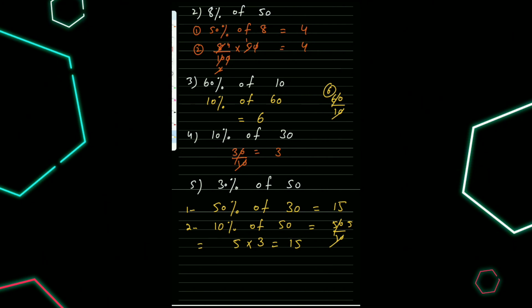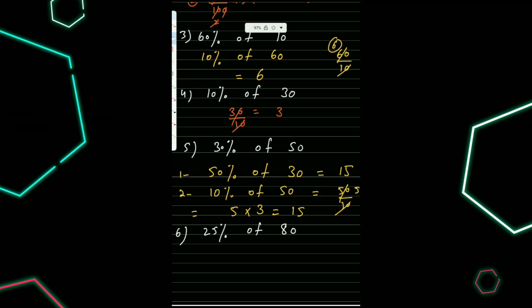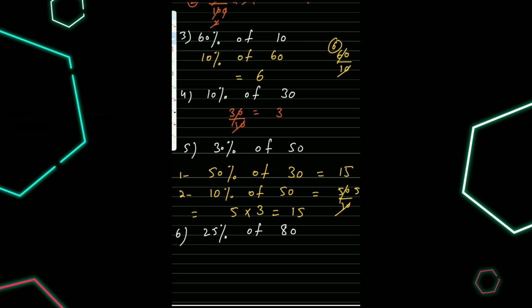Okay. One more example. 25% of 80. As we know, 25% is 1/4 of any value, like the fourth part of 80.